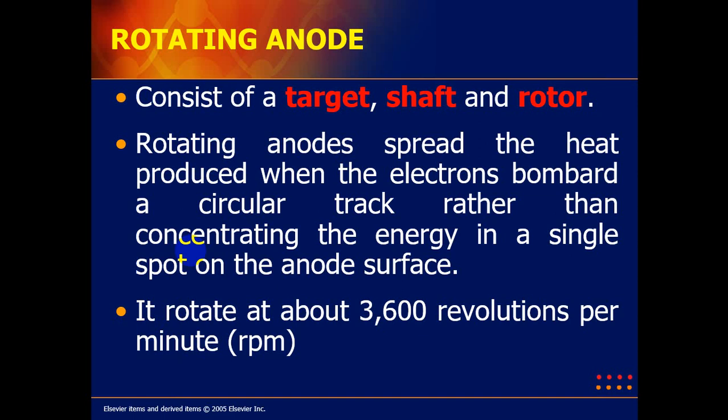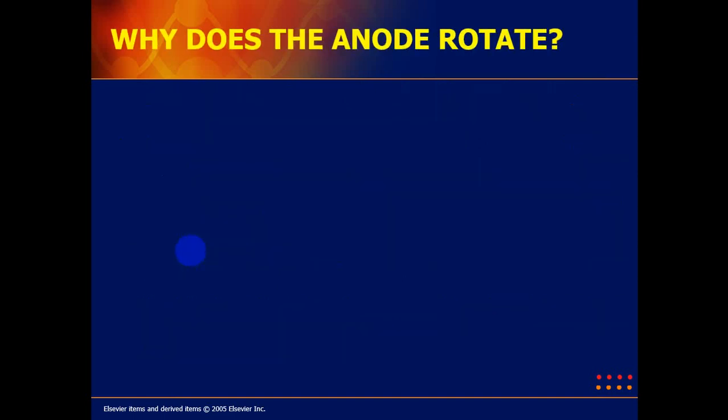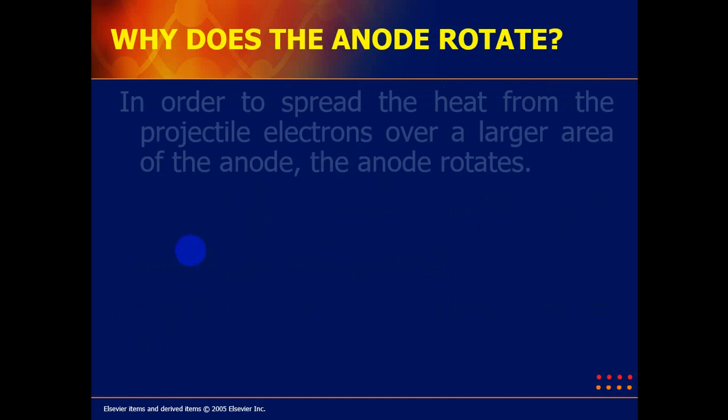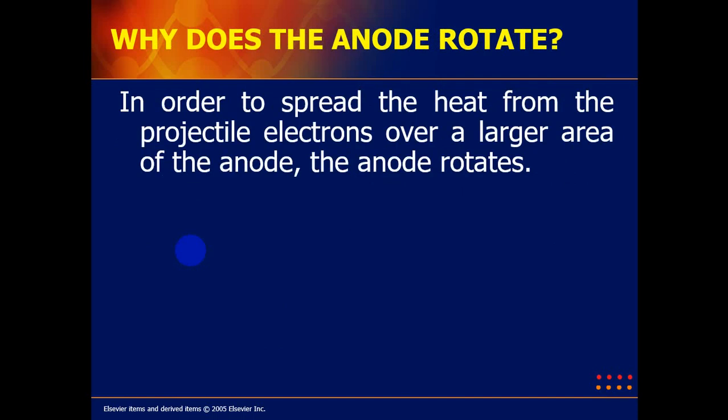That is how fast the rotating anode spins, just to dispel the heat. So, why does the anode rotate? In order to spread the heat from the projectile electrons over a larger area of the anode.